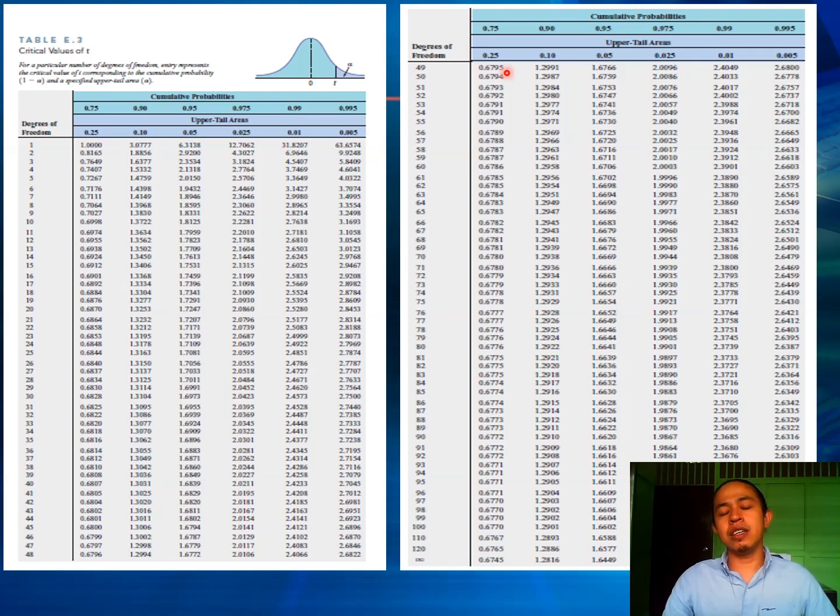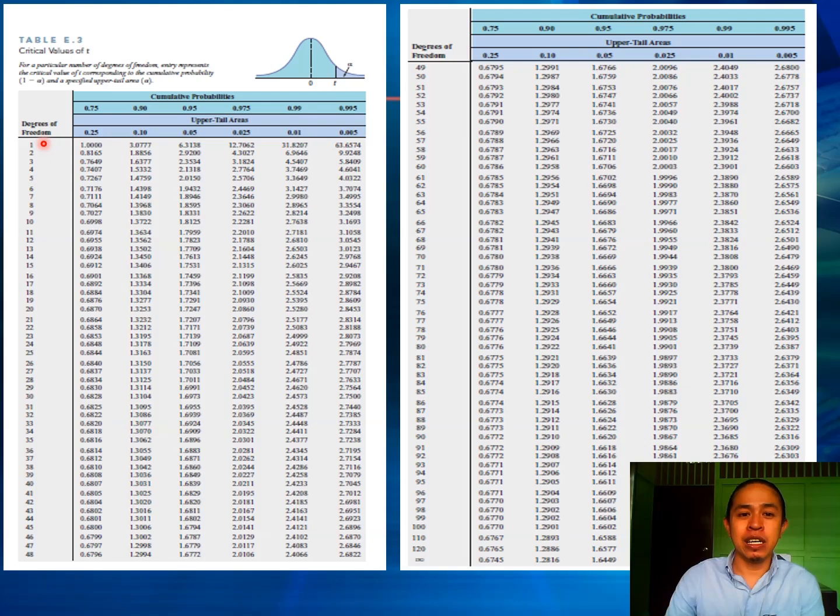It is easy to use. For example, if you have a sample size of 25, so your n is 25, here we need to identify the degrees of freedom. And remember that degrees of freedom is n minus 1.